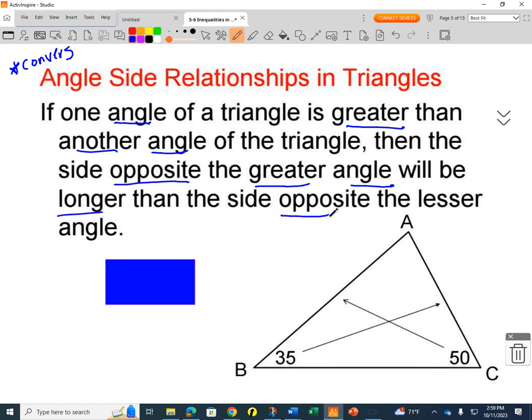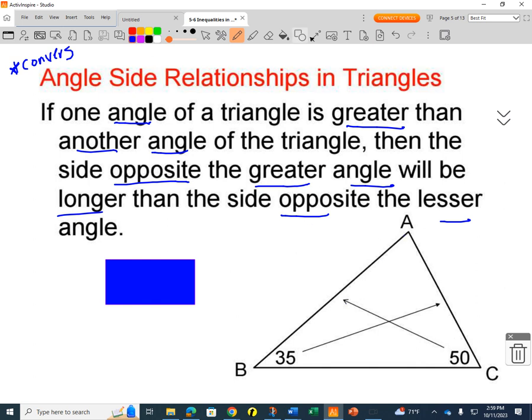So 35 is a smaller number than 50. So that means that the side across from the angle that measures 35 is going to be shorter than the side across from the angle that measures 50.